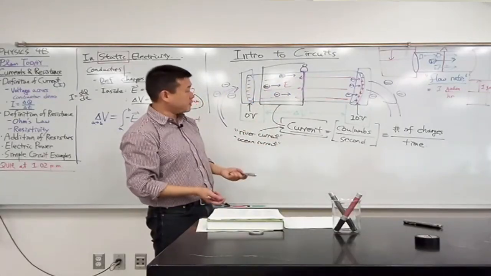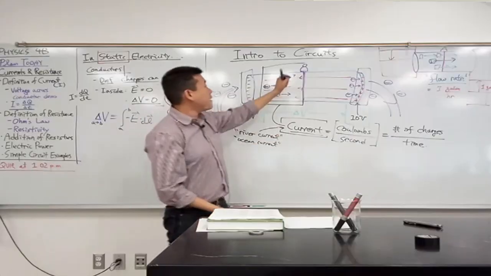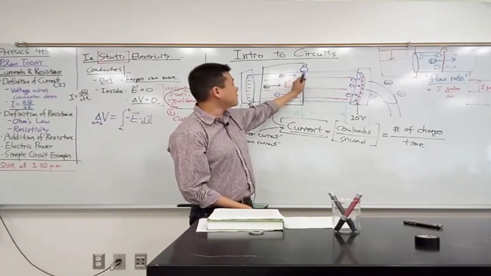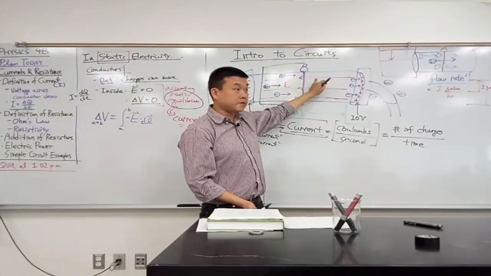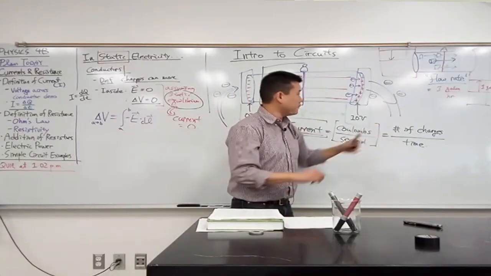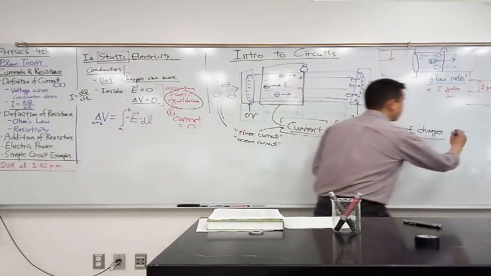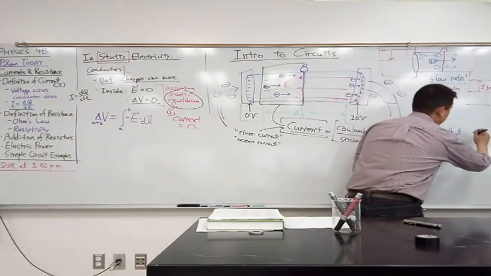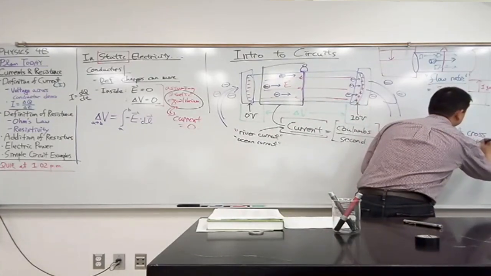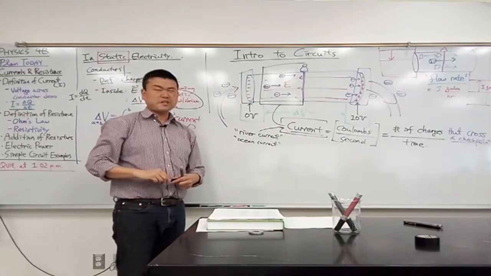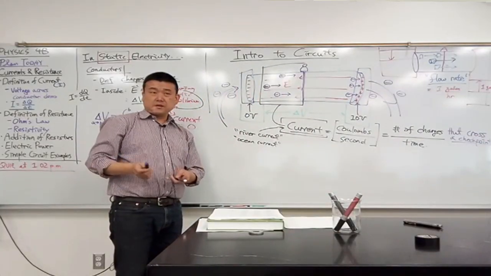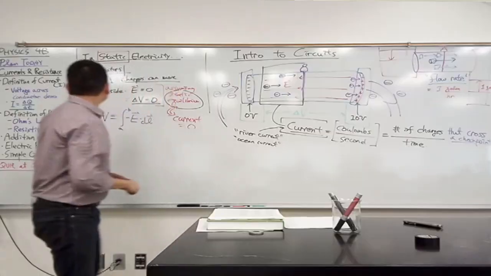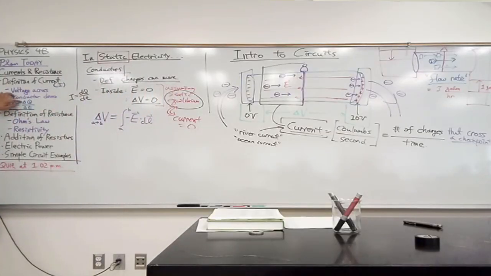What he is counting is, in 1 second, how many charges are crossing over from one side to the other side. That's all he's looking at. So when we say number of charges, it's the number of charges that cross the checkpoint. That makes intuitive sense? All right. So in this expression, that's what's meant by delta Q: how many charges are crossing the checkpoint.